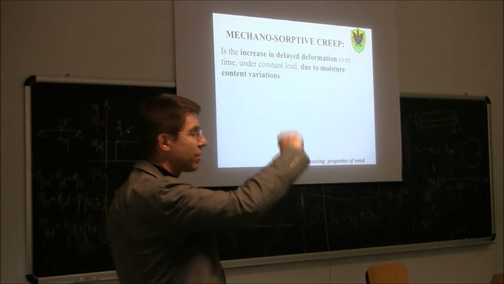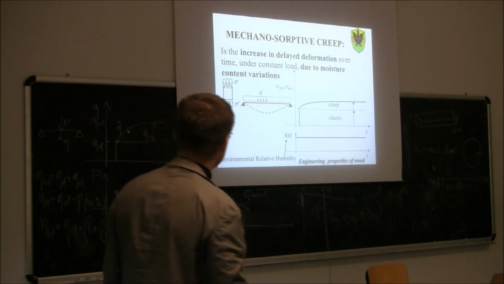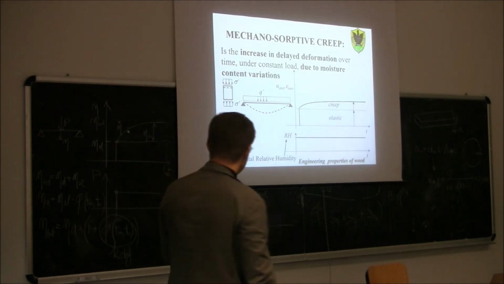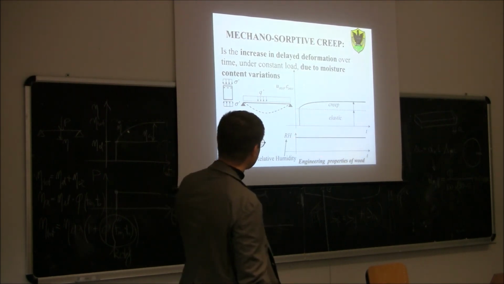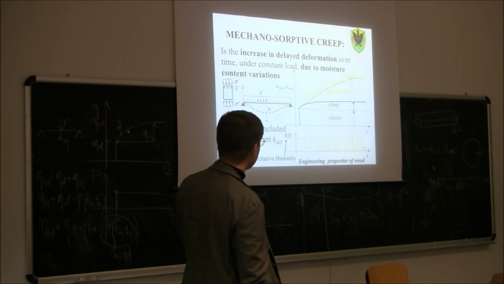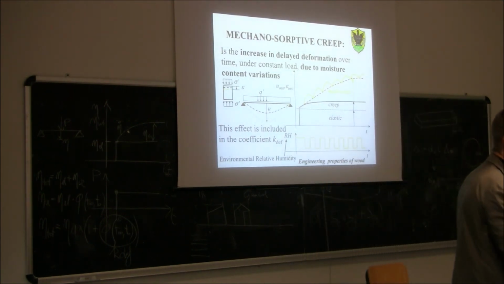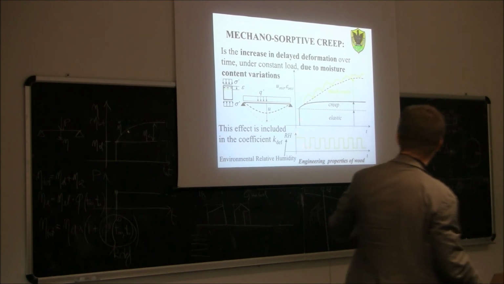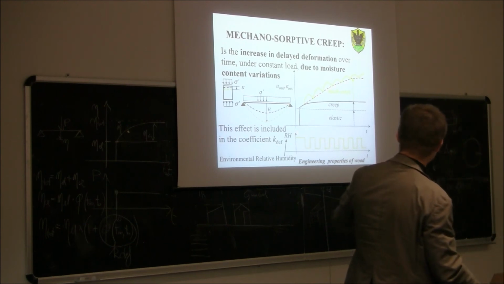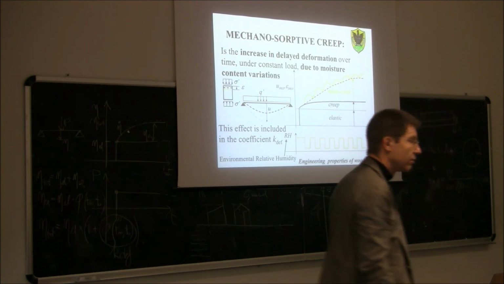If you start changing the moisture content, then the deflection also increases. If you do a creep test in a constant environment, you get this kind of curve. If you make cycles of relative humidity, for example between day and night, between seasons, you can see that the curve is going to increase. You have much more deflection in the long term.